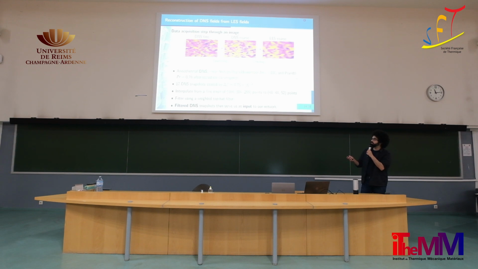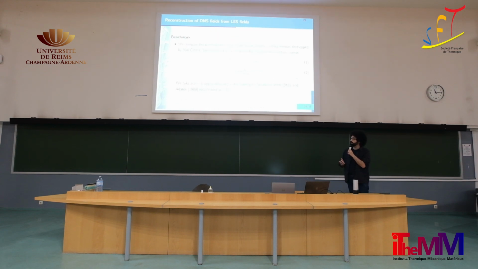We go from this grid, which is approximately 400 by 400 by 300, into a 50 points cubed mesh. And this step actually keeps the statistics of the turbulence, which is extremely important. And then we filter using a top hat filter. And the two last steps, so this is used as a label for our neural network, and this is used as the entry of the neural network.